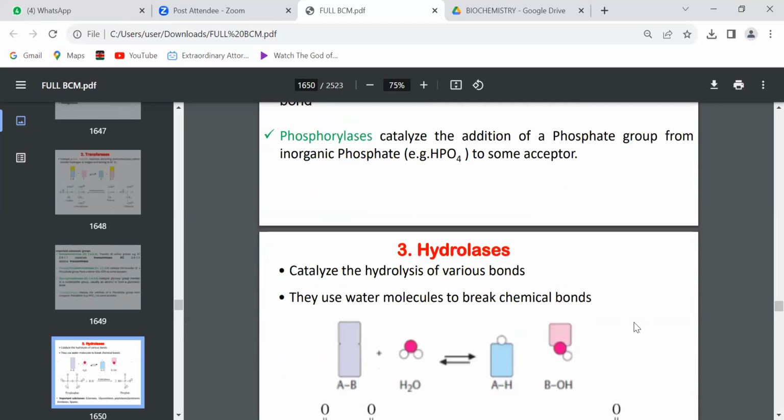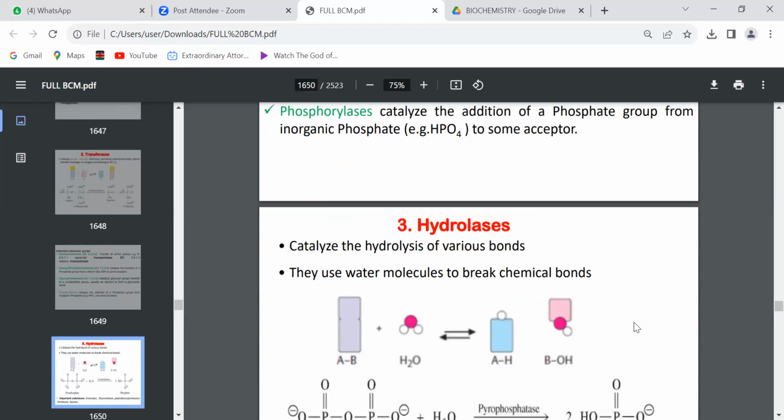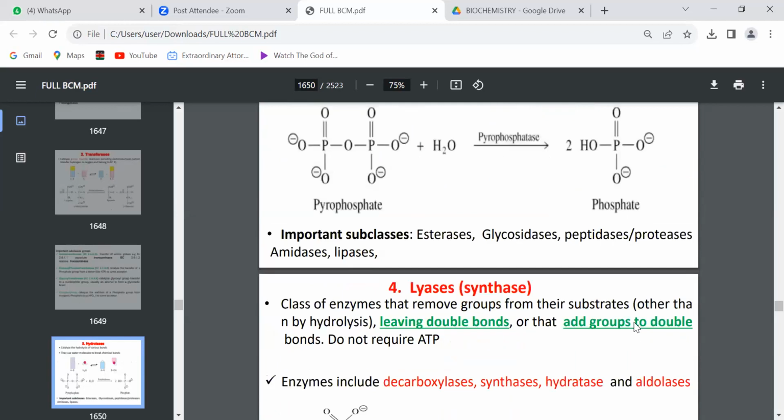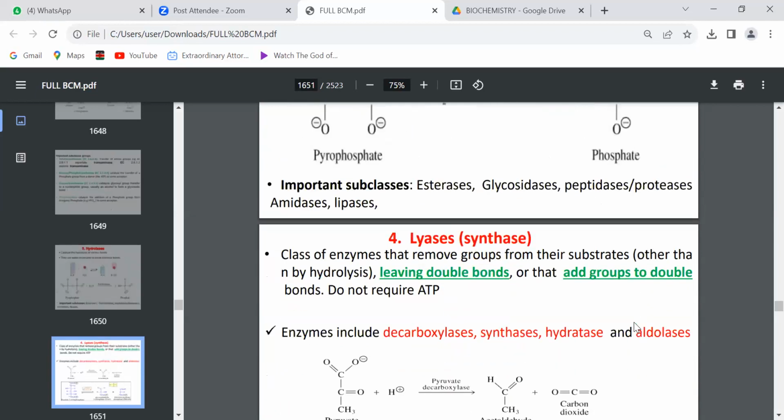Then we have hydrolysis. Of course, they catalyze hydrolysis, so water molecules are involved in this kind of reaction. And then lyases or synthetase.